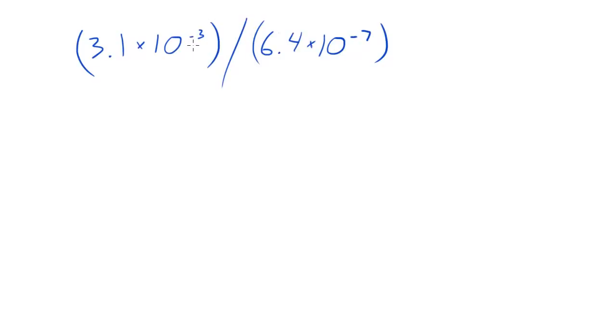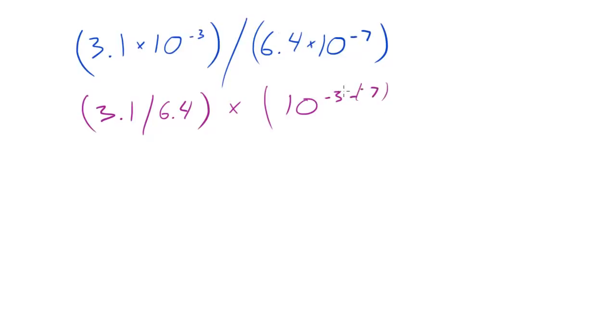So now we have an example with a negative and a negative exponent. What we need to do in this case is pull these first numbers right here. So it's basically 3.1 divided by 6.4. Then we times that by 10 to the negative 3 divided by, actually we can just skip this step. So negative 3 minus, this is going to look weird, negative 7.